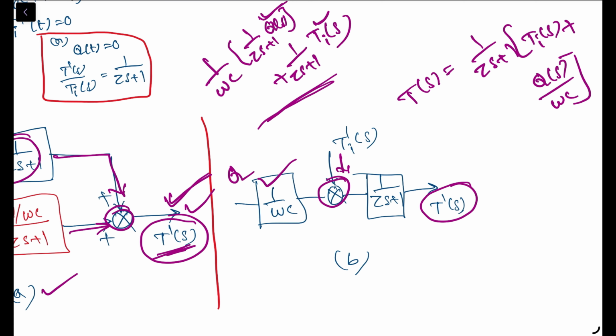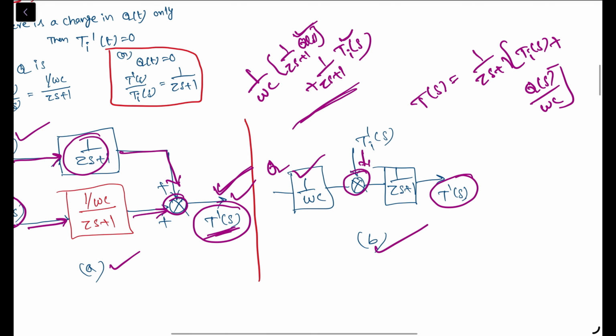So what we can understand from diagrams A and B is that both represent the same mathematical model. Diagram A shows two parallel paths, and diagram B shows the summation first and then the process block. So both are mathematically equivalent.